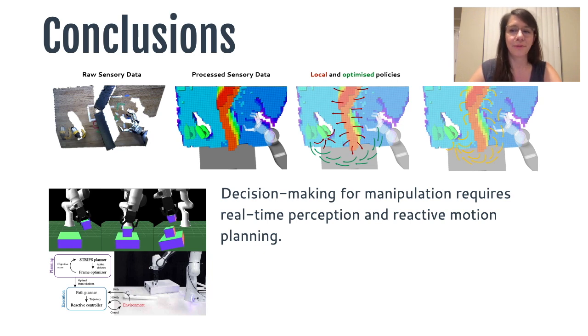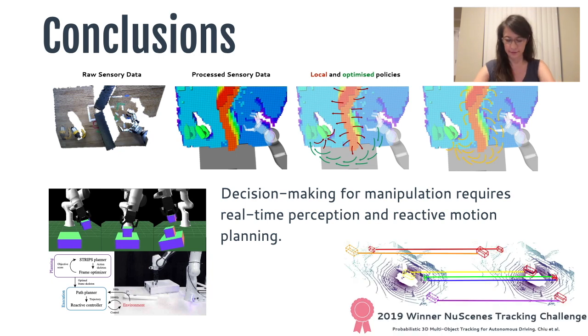But I also want to make a quick plug here, since I mentioned that none of these works uses any learning. I use a lot of learning methods also in my work for manipulation. One example is a method that won the nuScenes Tracking Challenge at NeurIPS in 2019.